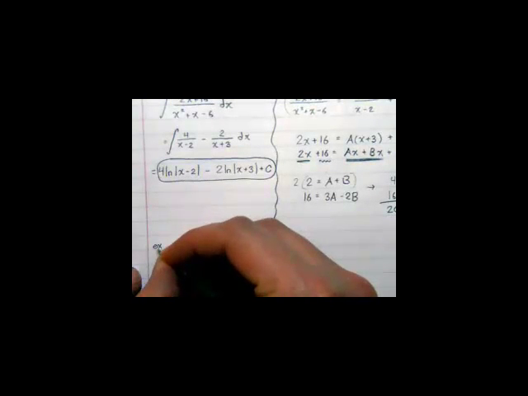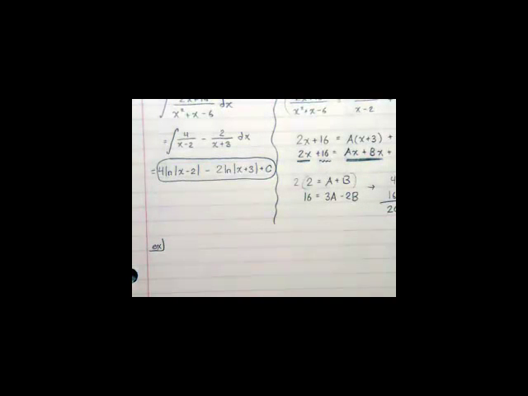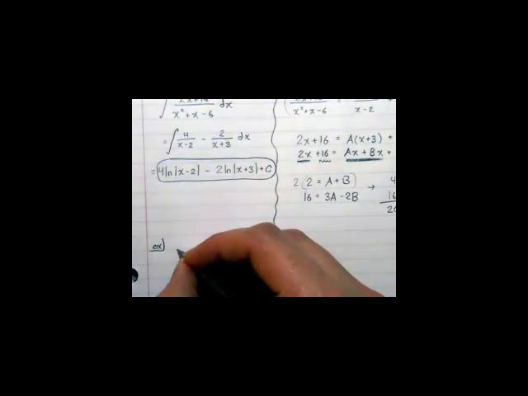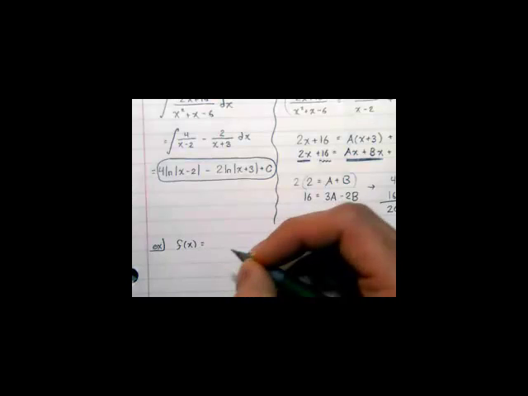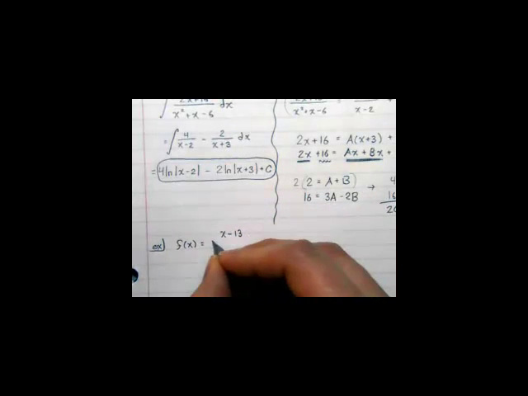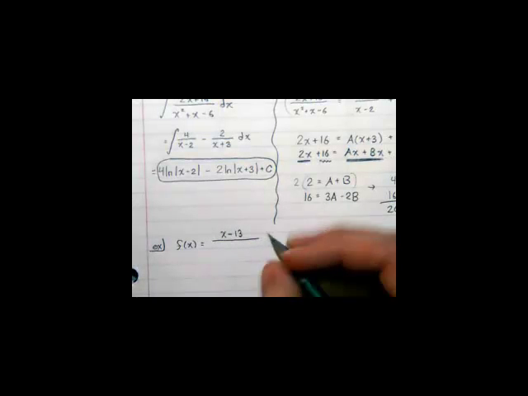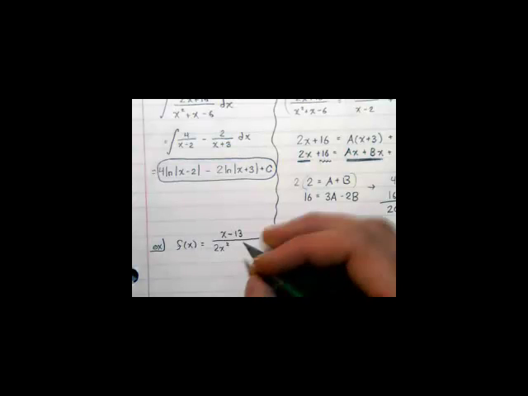So how about, say, f of x is equal to x minus 13 over 2x squared minus 7x plus 3.